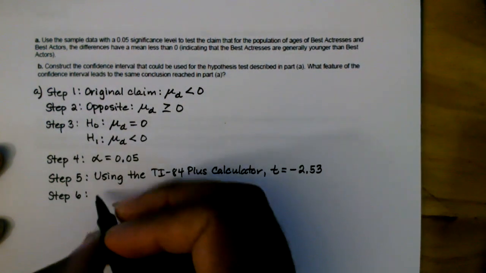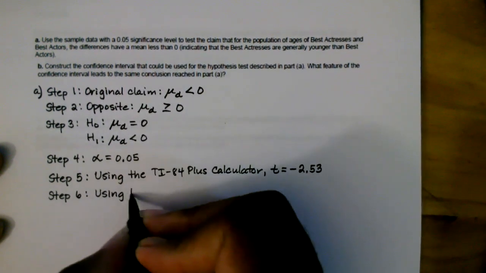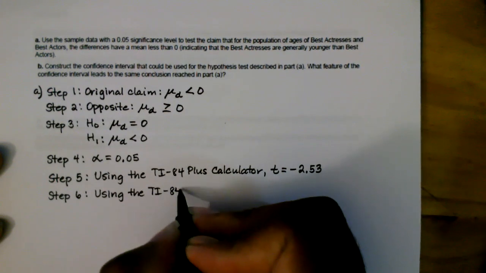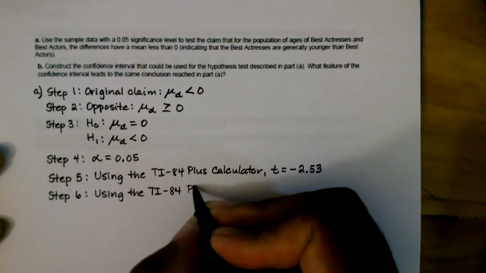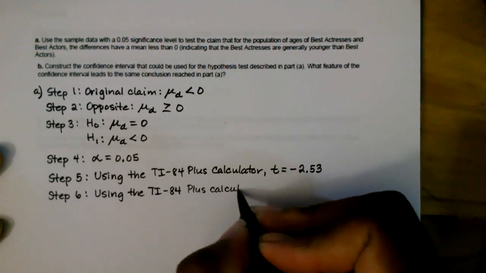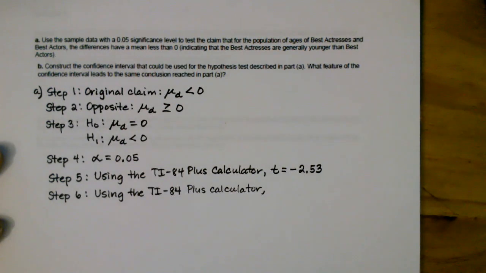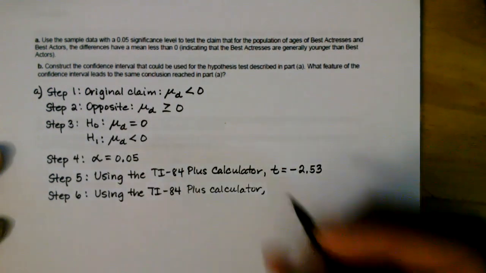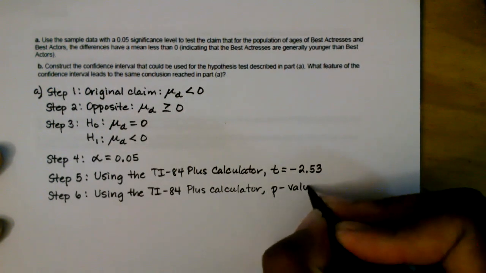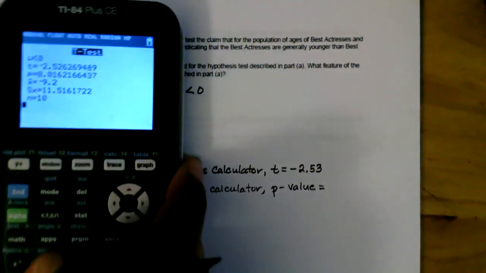And step number 6 would be the p-value. So again, I'm going to use a TI-84 Plus calculator to get the p-value. Okay.